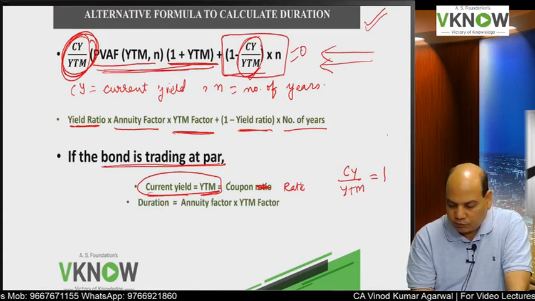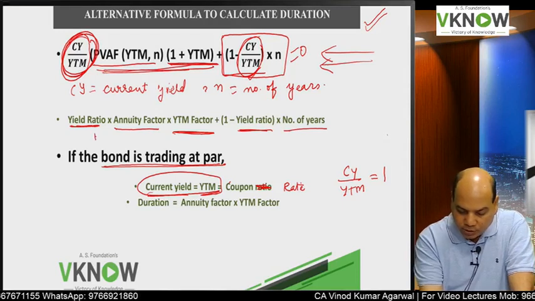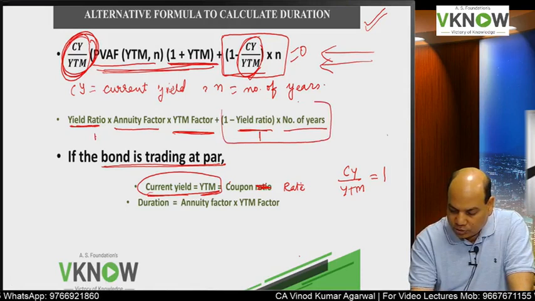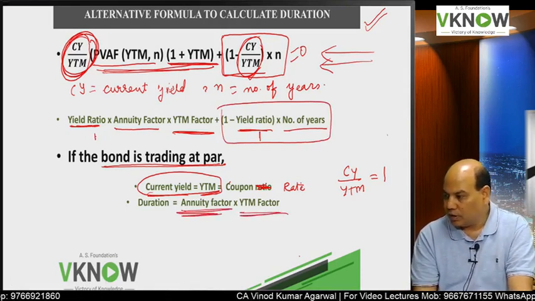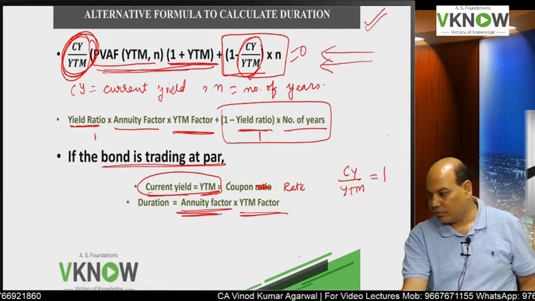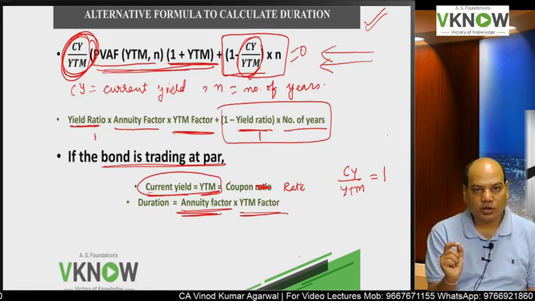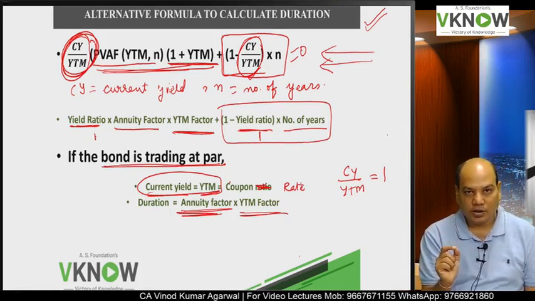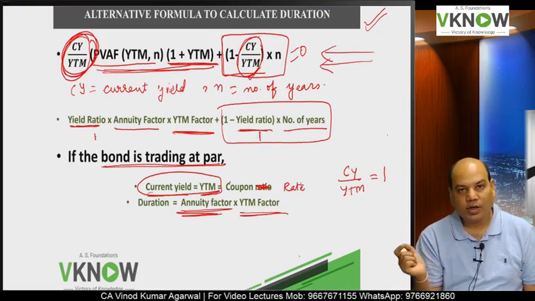So my shortcut formula is duration equal to yield ratio will be 1, this portion will become 0. So you just have to multiply by annuity factor into YTM factor. Is it right? So the shortcut formula for duration, if the bond is trading at par and redeemed at par, is annuity factor into YTM factor.